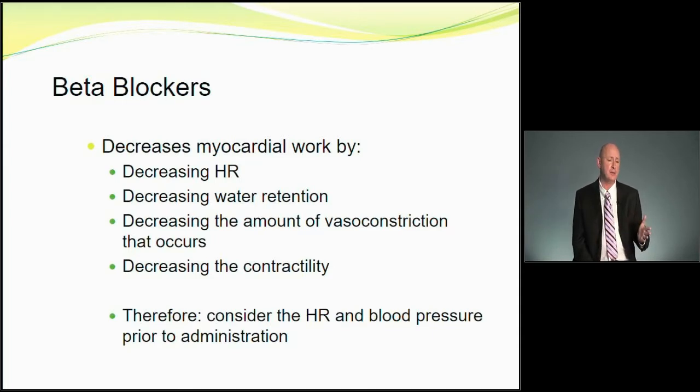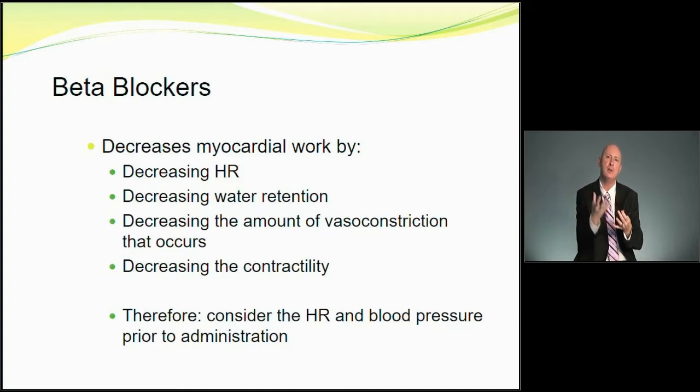Now, beta blockers are playing a big role now, because now we say that instead of MONA, we've got MONA B. Because you think of what beta blockers actually do, okay? Because what happens, and I call it the blue light syndrome, what happens when a cop car pulls up behind you? Your heart rate goes up, you get vasoconstriction, you start retaining fluid. Well, do you want that to occur if your patient's having a heart attack? No, we want to slow things down. We don't want that heart beating very fast.